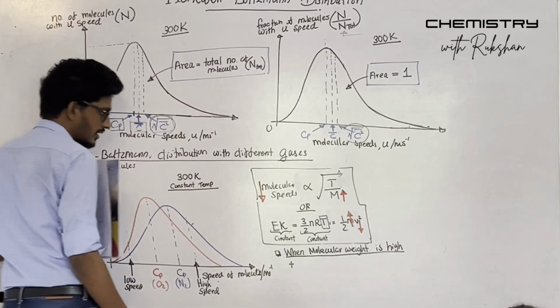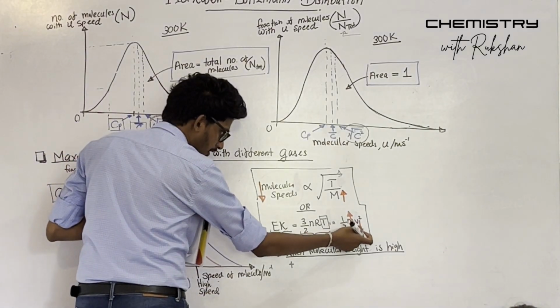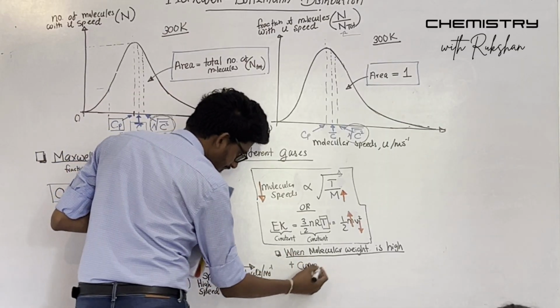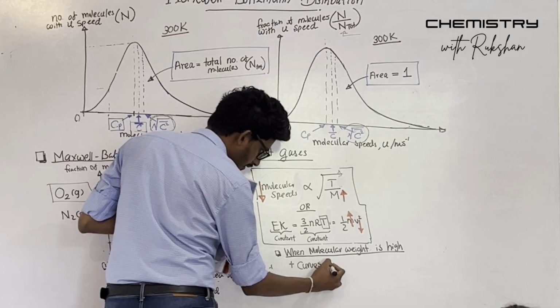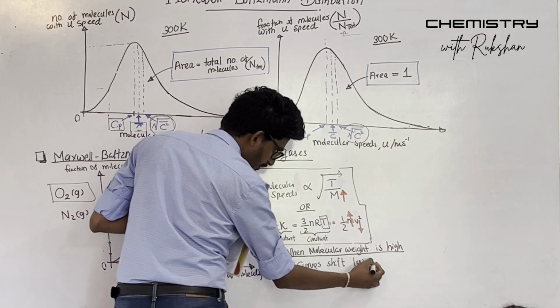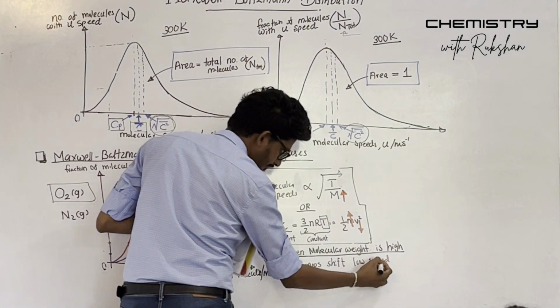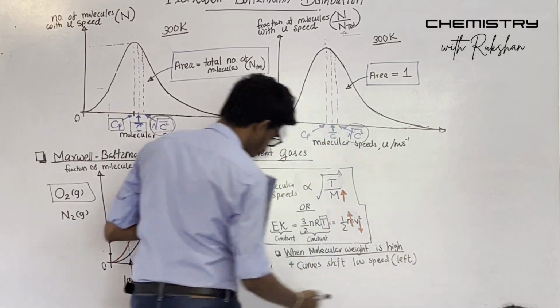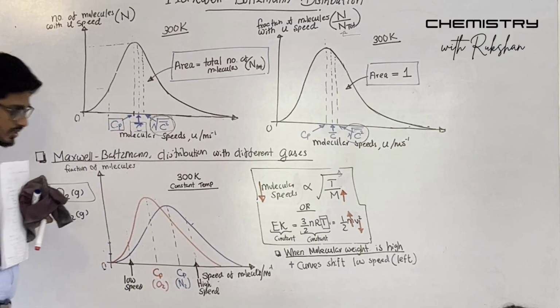The curves shift to low speed regions. The curve shifts to low speeds, means shift to the left. Low speeds means to the left, right?